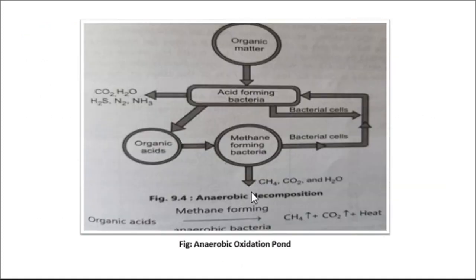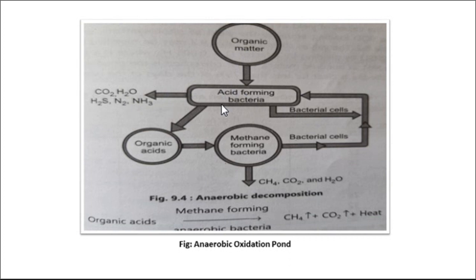So this is the mechanism by which anaerobic decomposition of wastewater takes place. First of all, acid forming bacteria convert the organic matter into different types of acids, and in this process different gases are released.